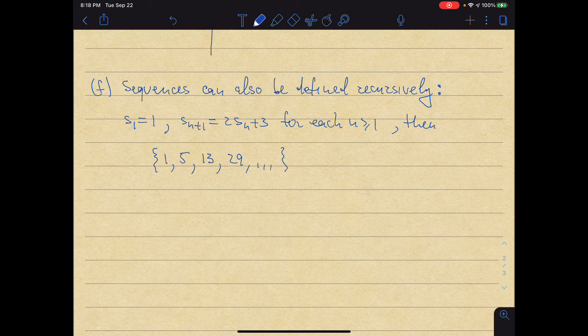All right, so let's see, G. Let's consider another recursive sequence. Let's say S1 is 2, S2 is 4, and let me rewrite this actually.